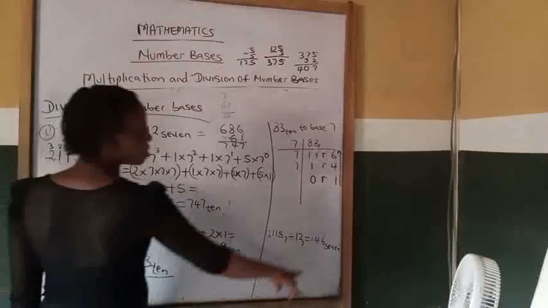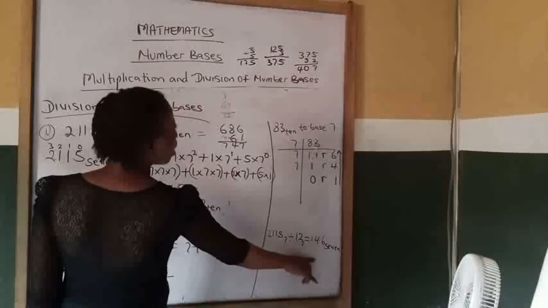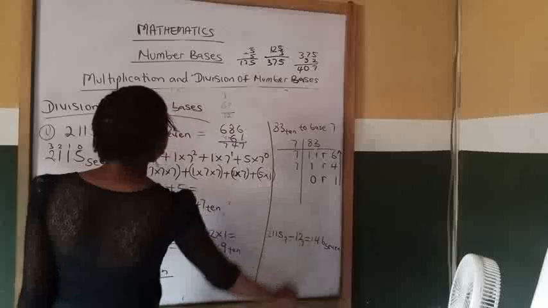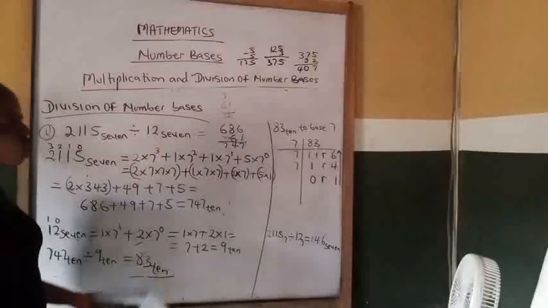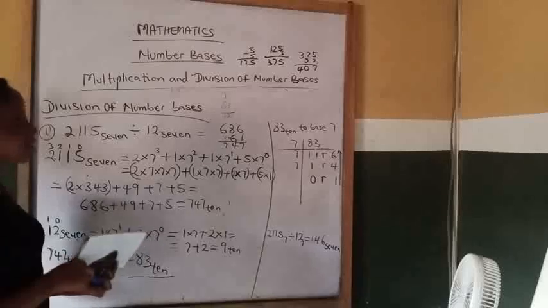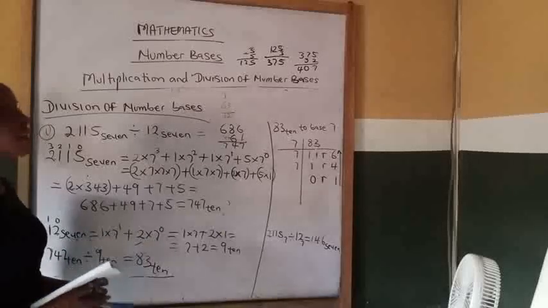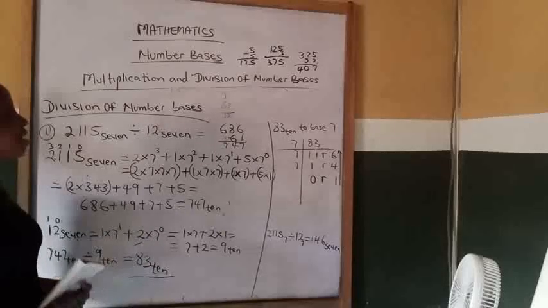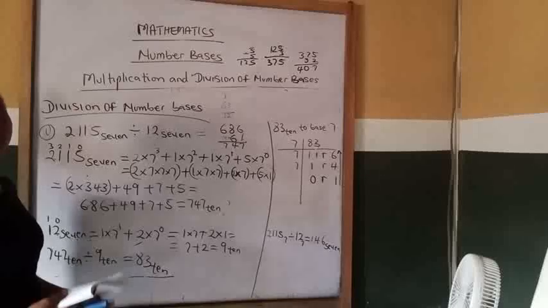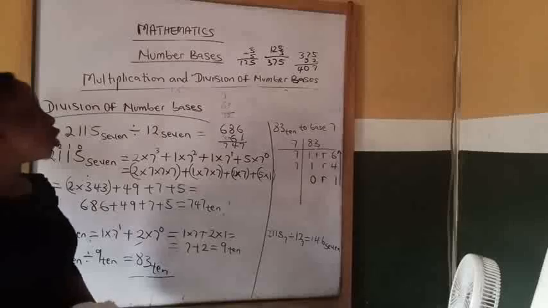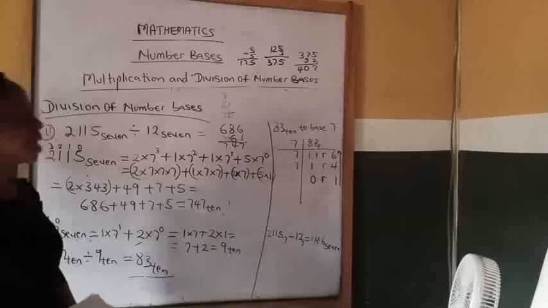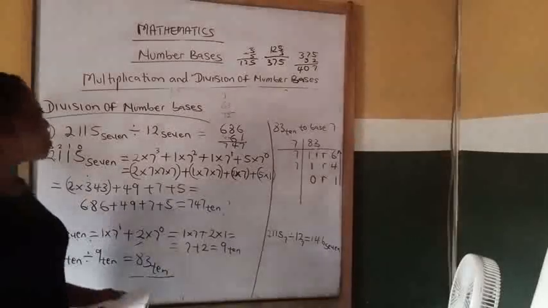What we got under our expansion method is equal to what we got under the direct division method. But we must be very careful when using the direct division method. Make sure you make use of your base under the direct division method.